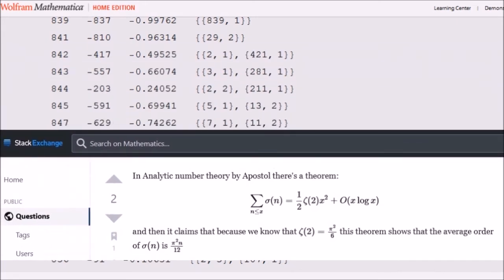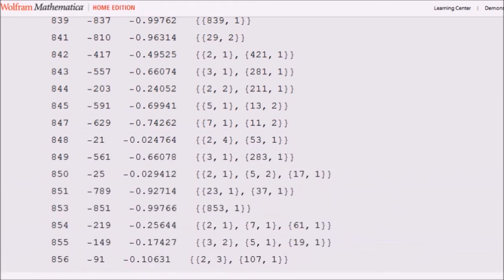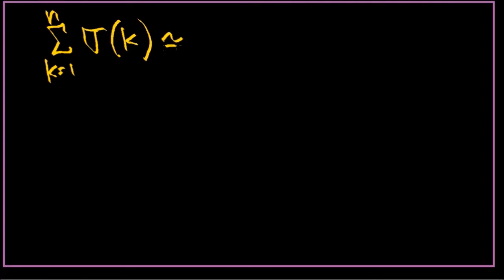So let me just show you what that's saying in terms of what we're doing here. It is saying that the sum from k equals 1 to n of sigma k is on average order zeta 2 times n squared over 2.